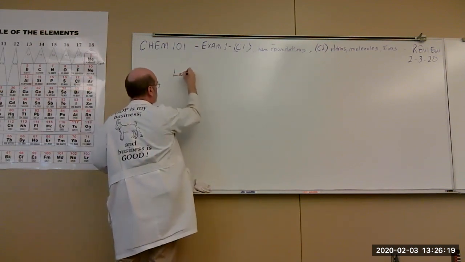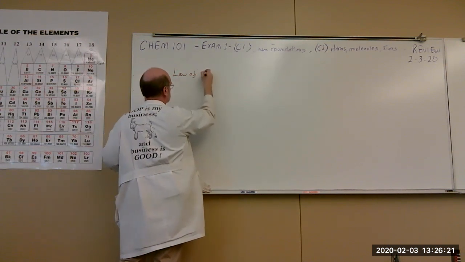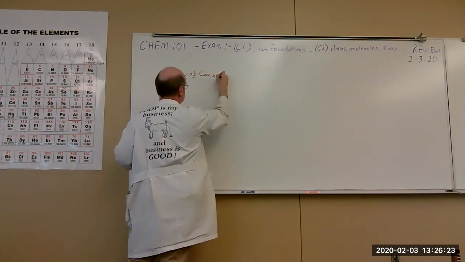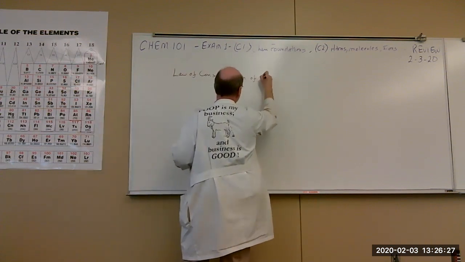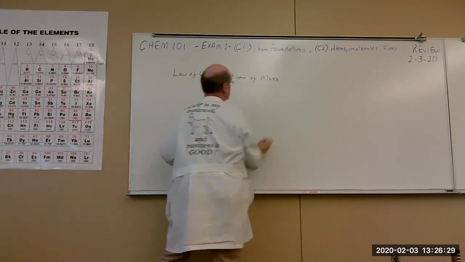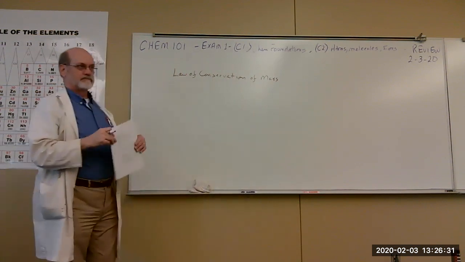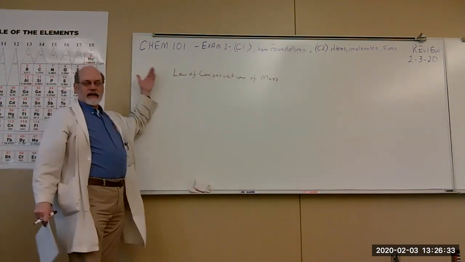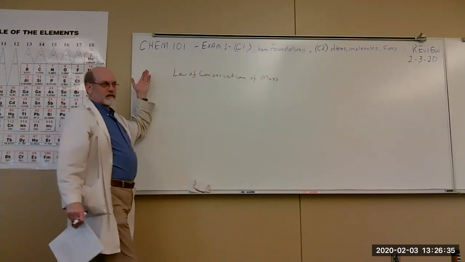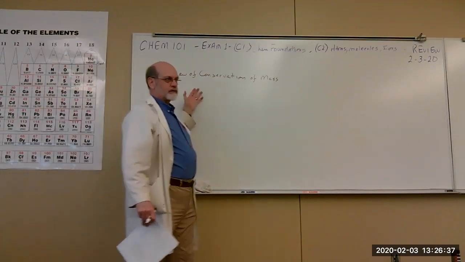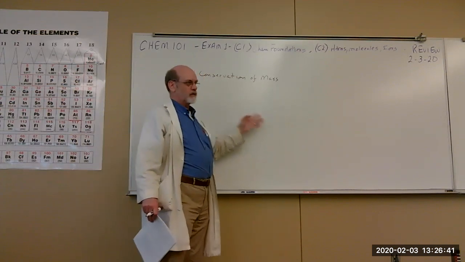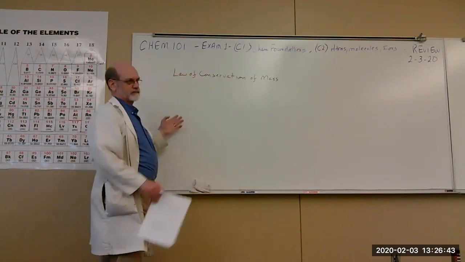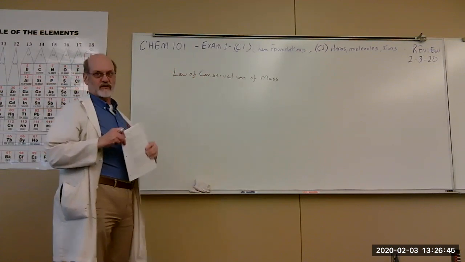The law of conservation of mass. Right. So, chemical reaction, the mass of the reactants is equal to the mass of the products. You don't create mass, you don't destroy mass in the process. Right. At least as far as we can measure it in our labs.